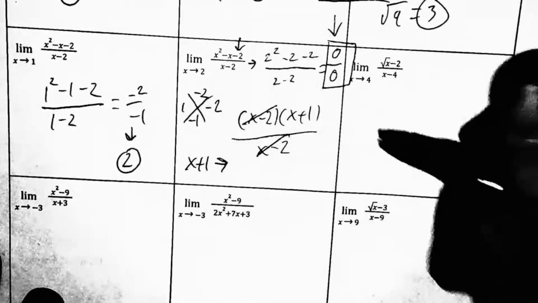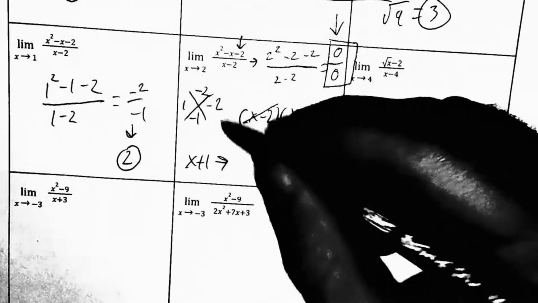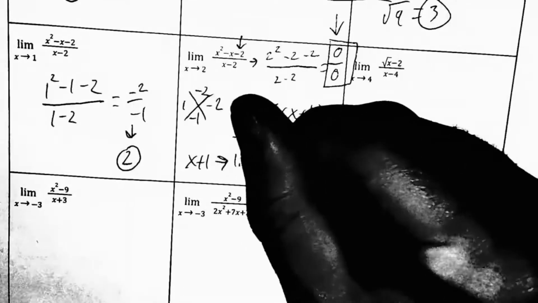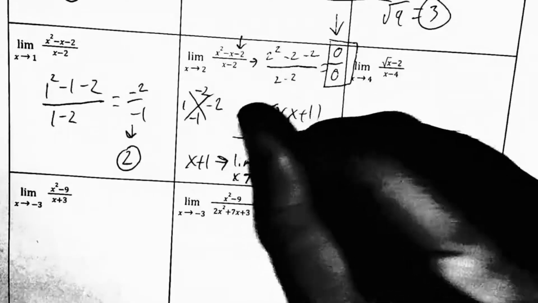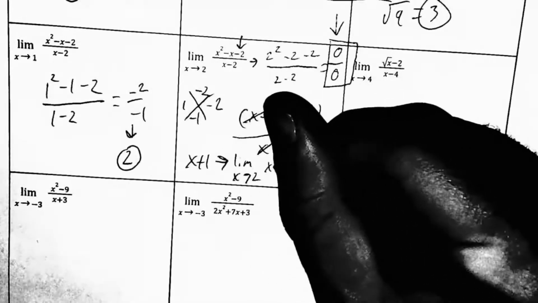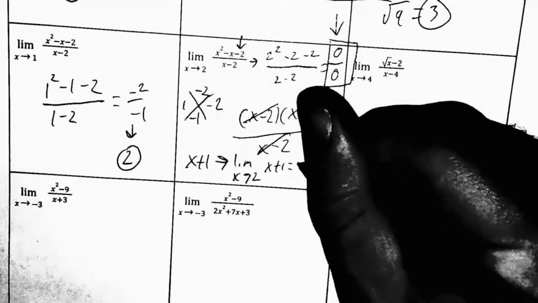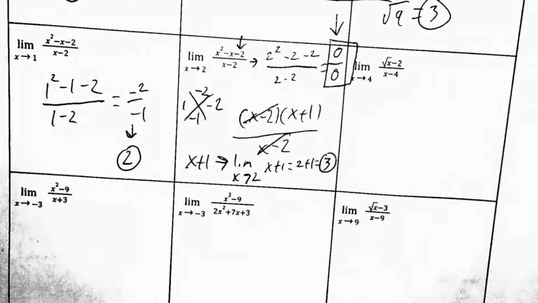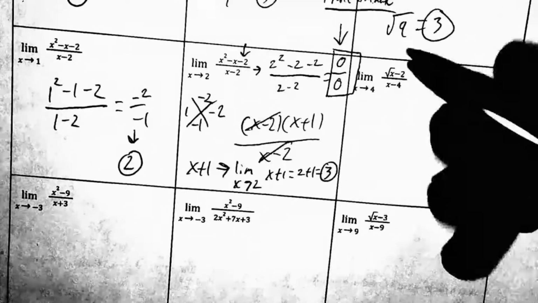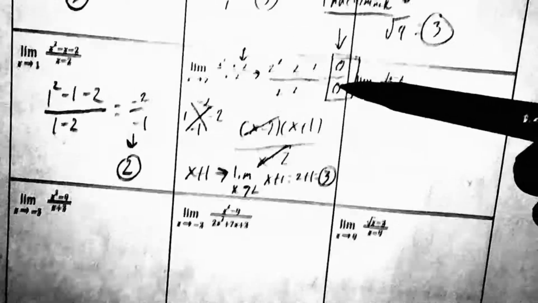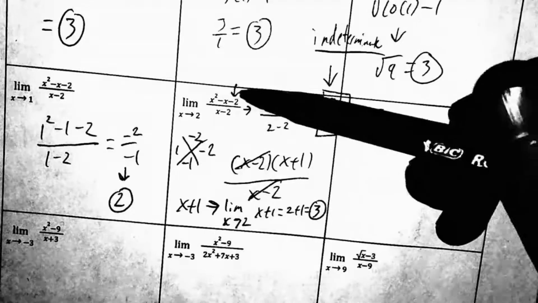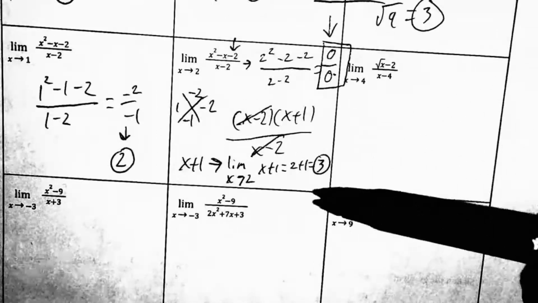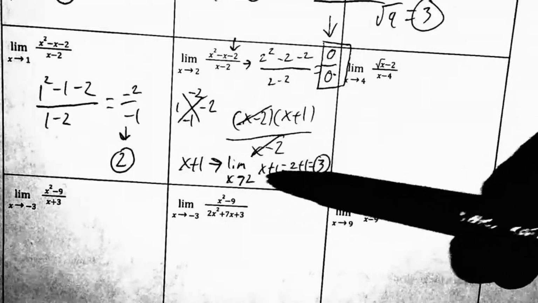Now I'm going to take the limit as x approaches 2 of x plus 1, which is direct substitution, 2 plus 1, which is 3. So again, indeterminate value, go back to the function, simplify by factoring, cancel, and then find the limit of what we have left over.